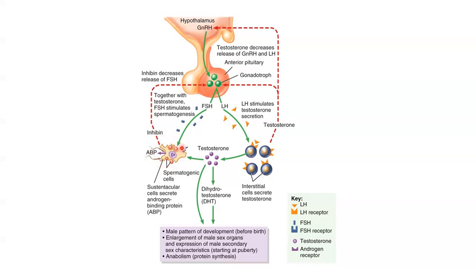It also helps produce sperm. Luteinizing hormone helps with the secretion of estrogen as well as the secretion of testosterone. This also works as a negative feedback loop: high levels of both estrogen and testosterone will work as negative feedback to reduce the levels of follicle stimulating hormone and luteinizing hormone, as well as inhibit the release of gonadotropin releasing hormone.